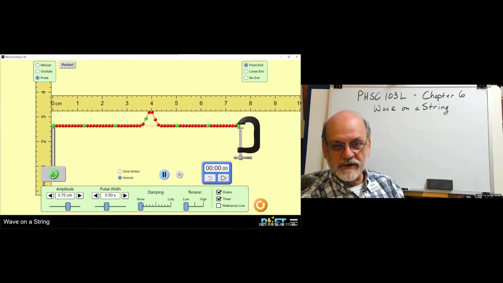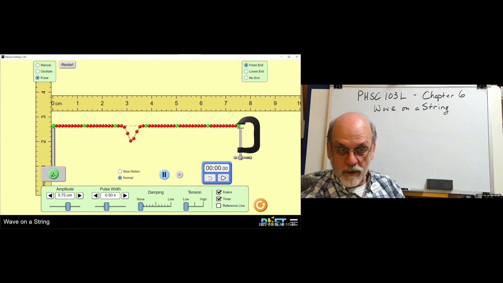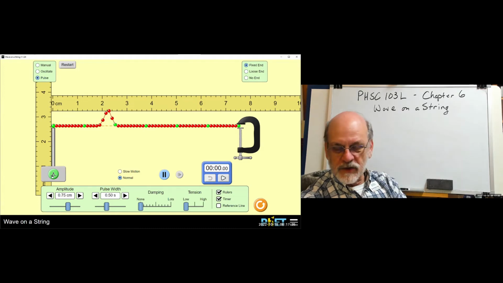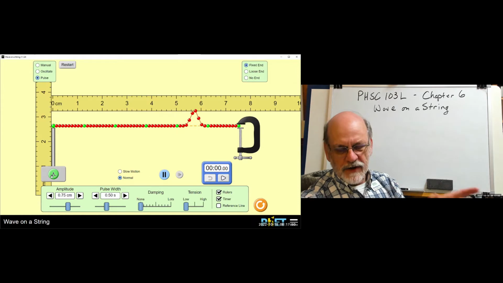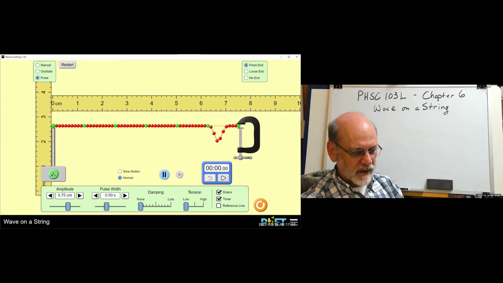And there goes our pulse. Right? It inverted. It's going backwards. Okay, and it's just going to keep doing that until we stop it. So if the end were loose, the reflected wave pulse would not invert. I'm not going to take time to do that right now because this video is going to be long enough as it is.